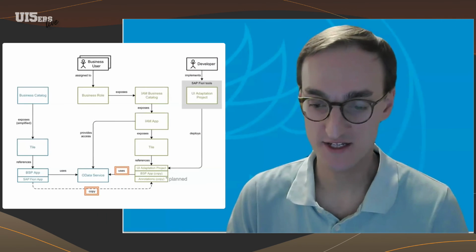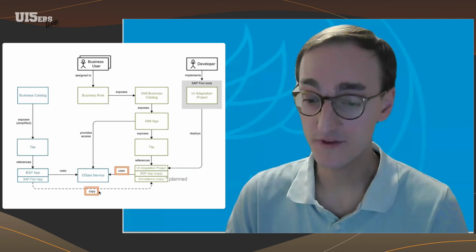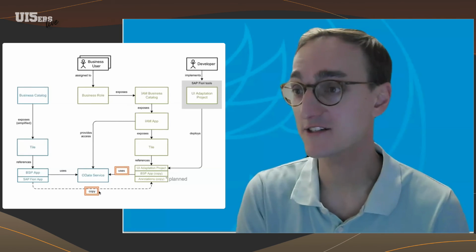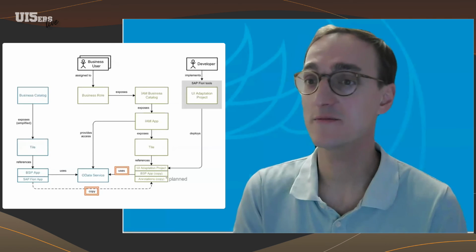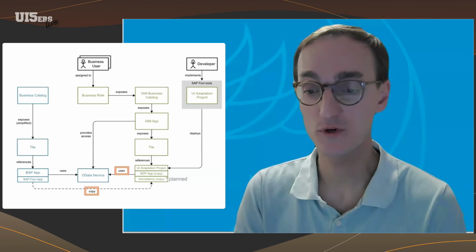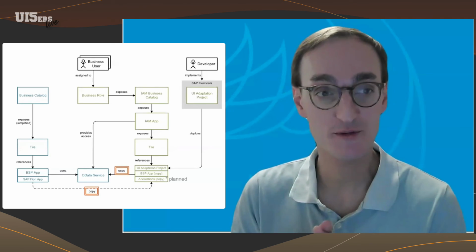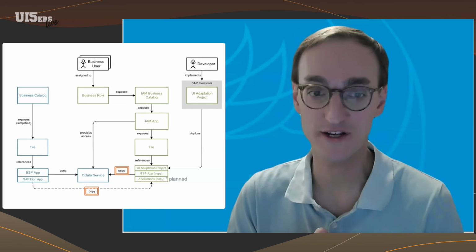There is some difference which I want to highlight, but just very briefly because we are short on time, for S/4HANA Cloud, because it's a cloud system and not like an on-premise system where customers control the update. We have some changes in architecture with regard to how we treat adaptation projects. The most important thing is that we are copying all UI artifacts of the original application to be able to keep extensions stable after the system upgrade.